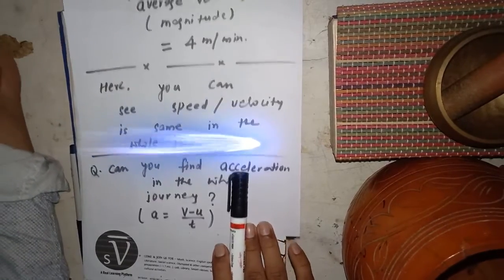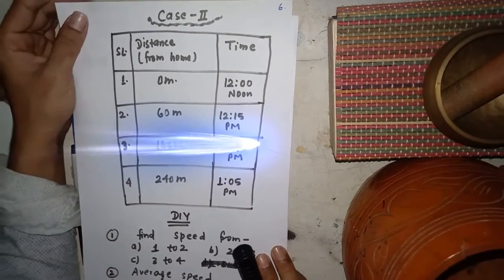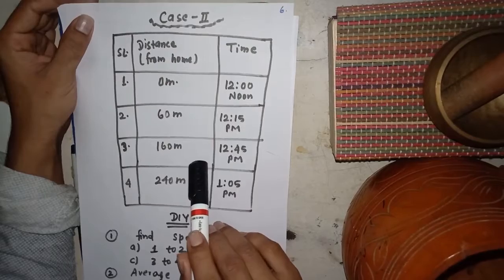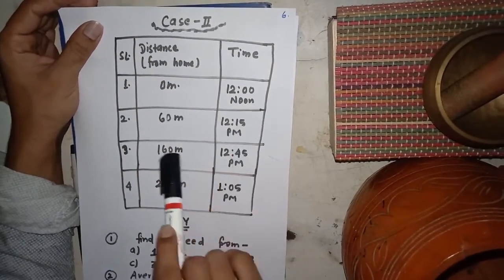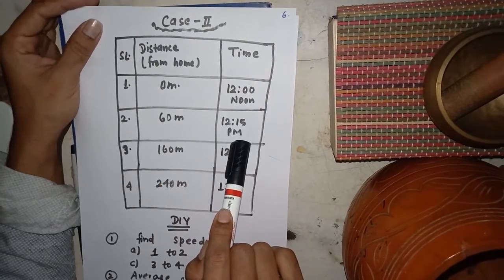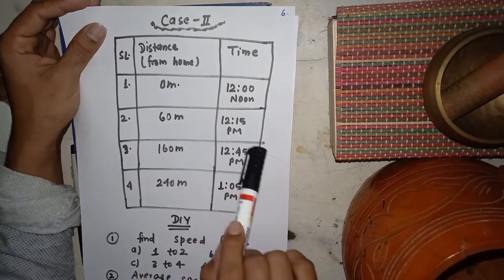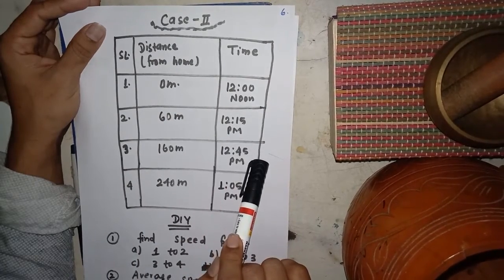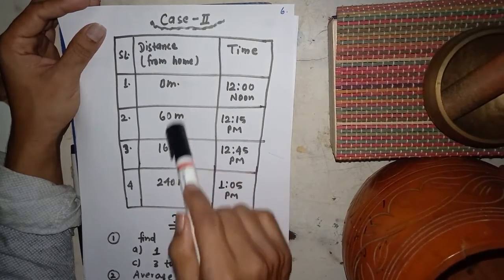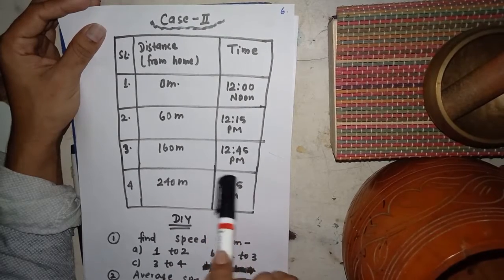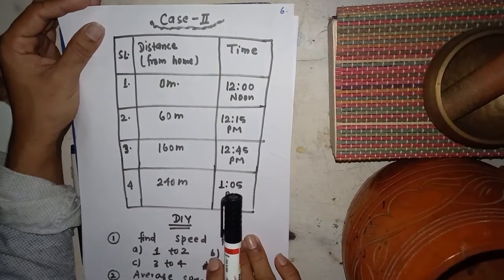Now I give you a second case for your thinking. Now I am changing some data. This data is the same as the previous case, and this data is also the same as we discussed in the previous case. But here I am changing the time, and here also I am changing the time. I am not changing the displacement, but I am changing the time here and here, for the case at 3 and for the case at 4.